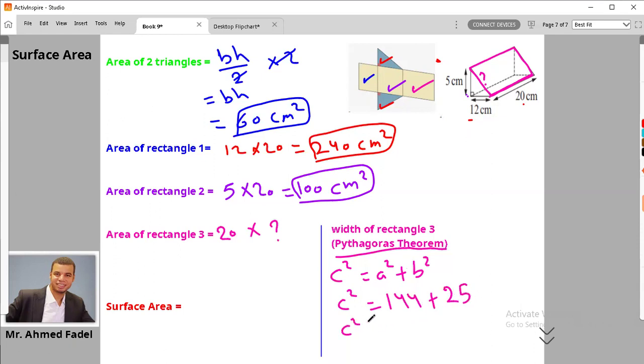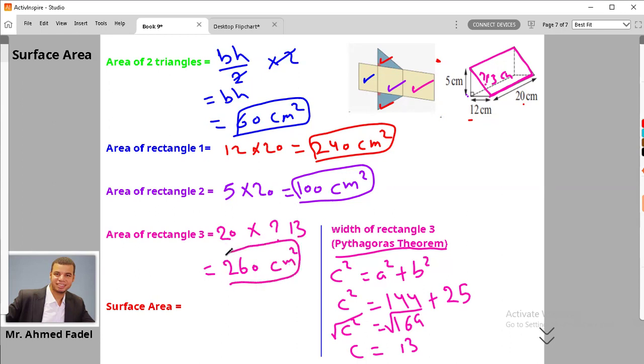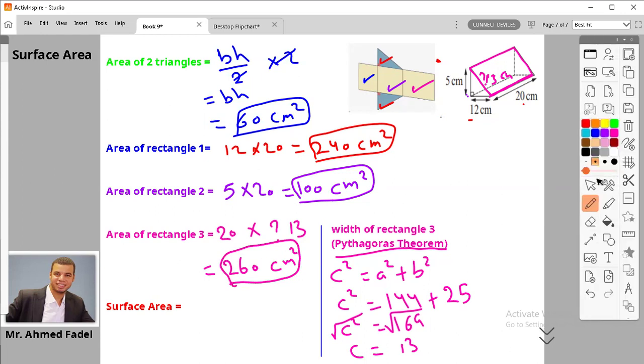So c squared equals 169. Taking the square root, I know now that this side is 13 centimeters. So I'm going to multiply by 13. So 20 by 13 is going to be 260 centimeters squared. And now I found the area of the third rectangle.